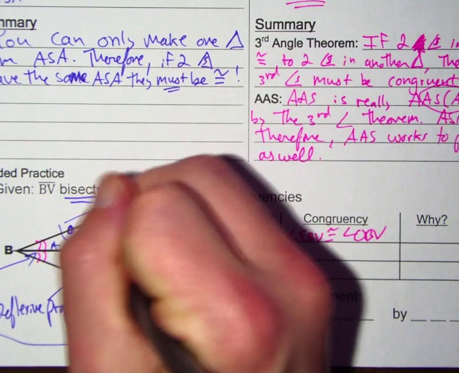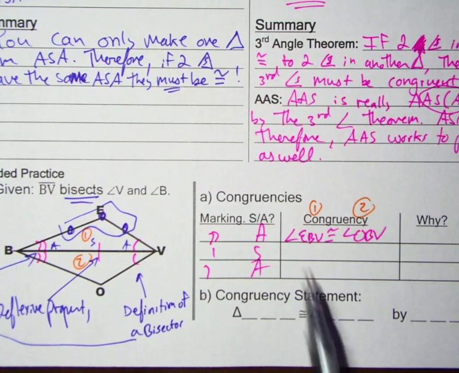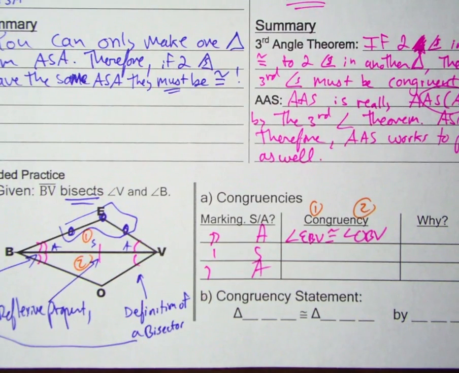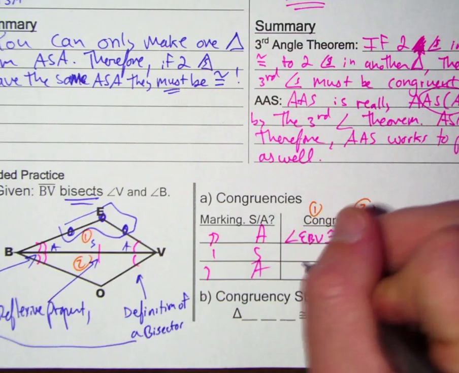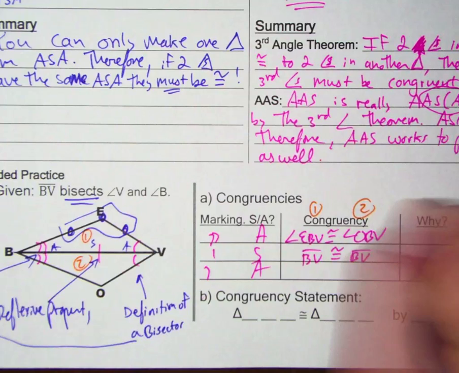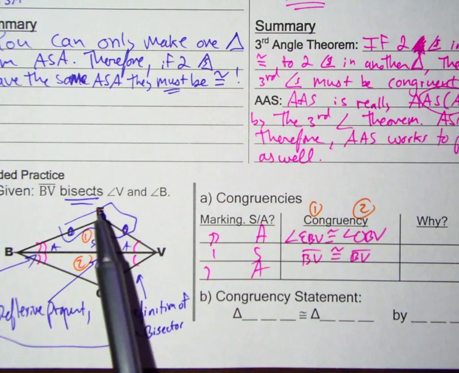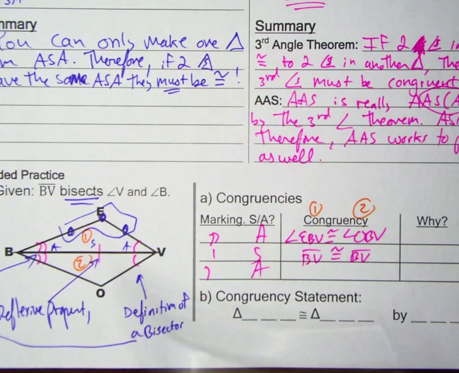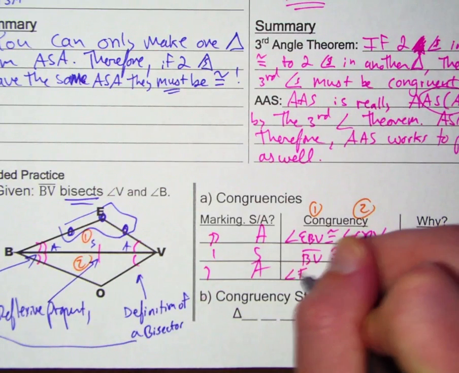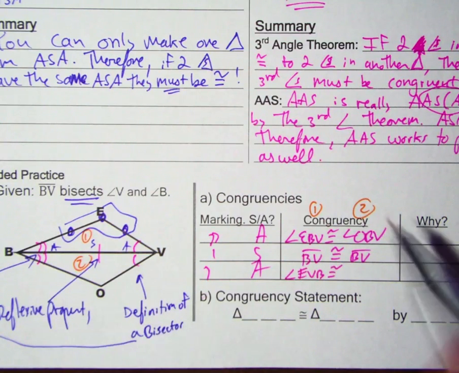If we call this triangle 1 and this triangle 2, I have to follow that order now in how I make statements going down all the way to the very end. I could have gone in reverse, it didn't matter. Next up, segment BV is congruent to segment BV. And finally, angle EVB, I have to start up here in triangle 1 again. That's congruent to angle OVB.